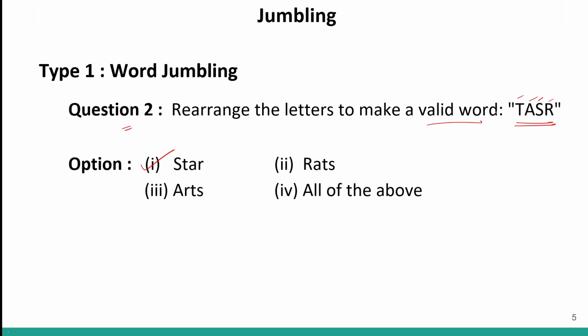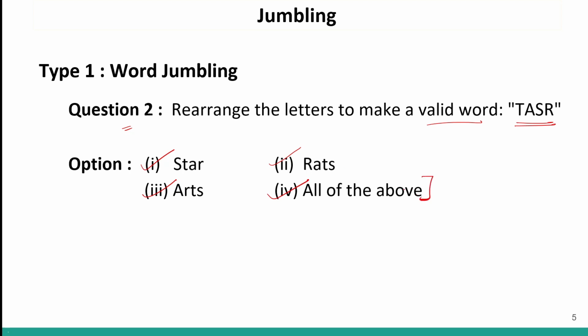Can we make rats? RAT and then S. Yes. Can we make arts? ARTS. Yes. Are these all meaningful words? Yes. So our answer will be option number 4, all of the above.